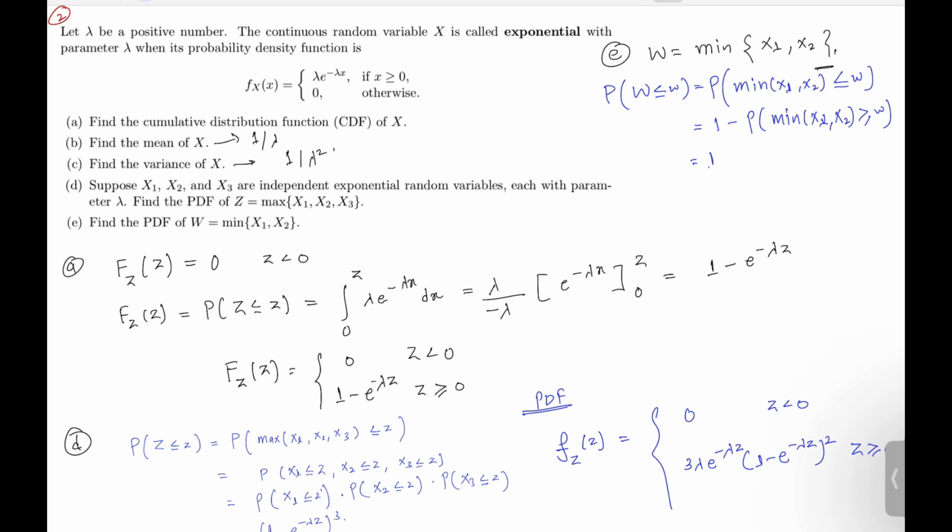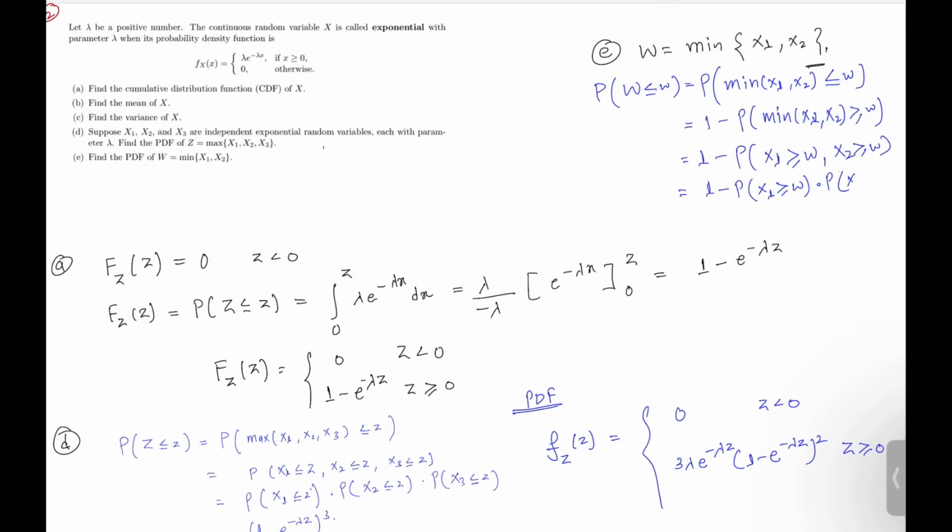So we can write 1 minus the probability that X1 is greater than w and also X2 is greater than w. Since these two random variables X1, X2 are independent, we can write this as a product of individual probabilities. Let me first make some space.